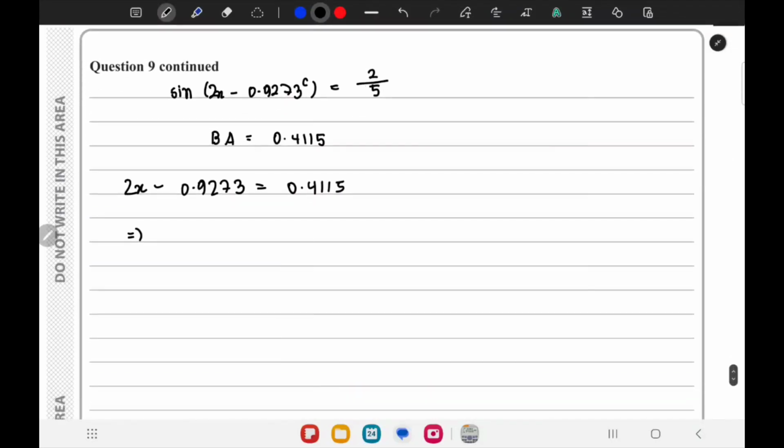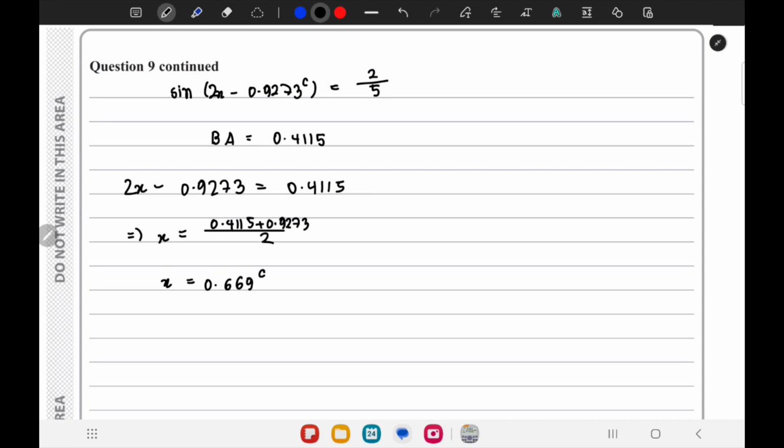So x would be 0.4115 plus 0.9273 divided by 2. So x is 0.669 radians.